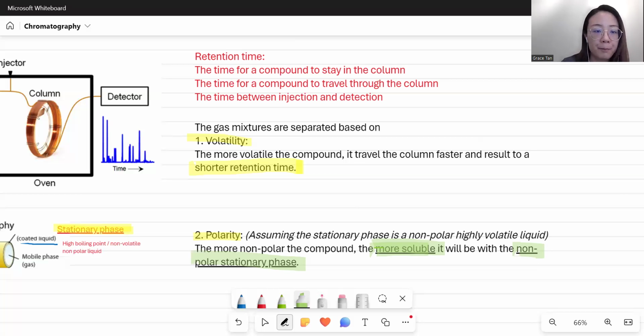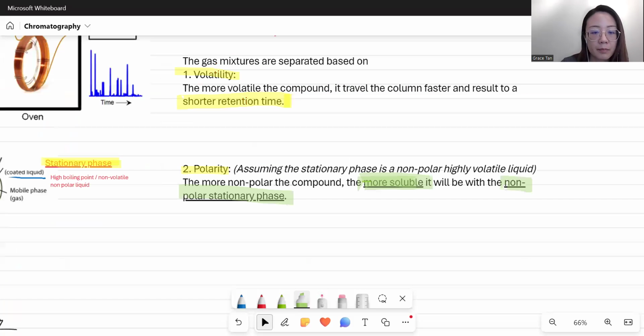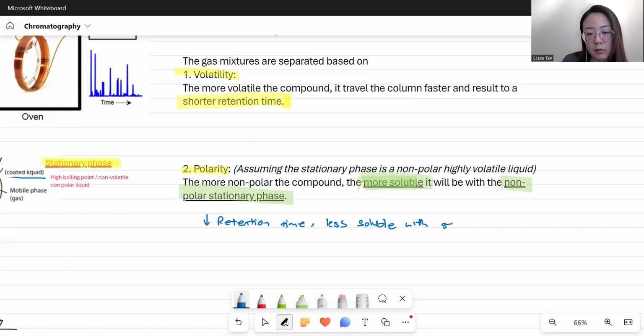Okay, so therefore, a shorter retention time means you travel the column quite fast. A shorter retention time means you are less soluble with the stationary phase.